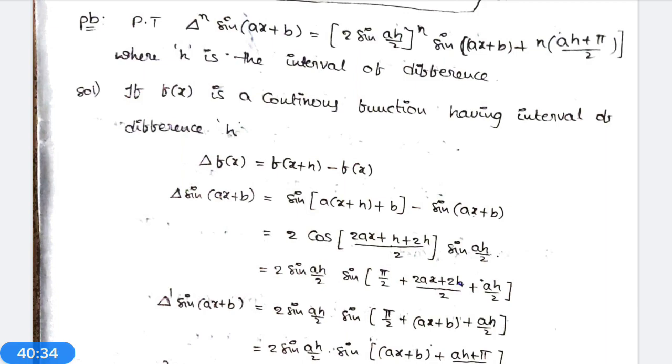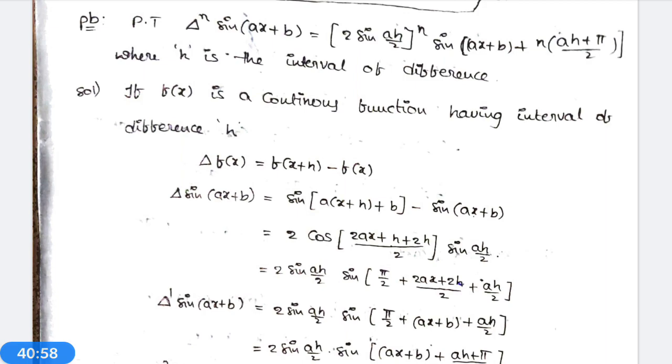Once again, delta power n sin(ax+b) is equal to (2 sin(ah/2)) whole power n into sin(ax+b+n(ah+pi)/2). That is, n/2 into (ah+pi) also, where h is the interval of difference.